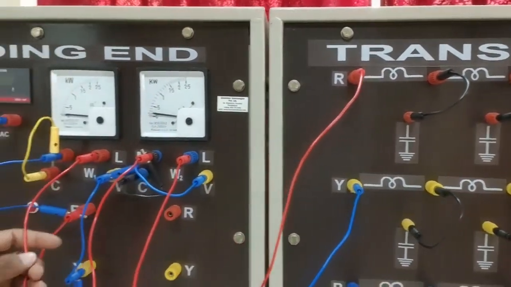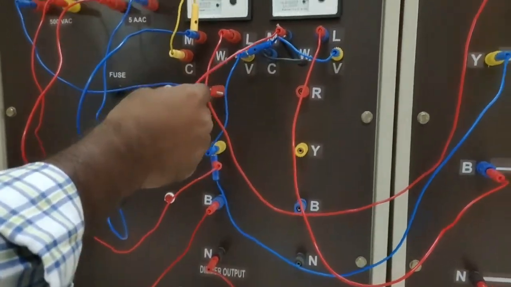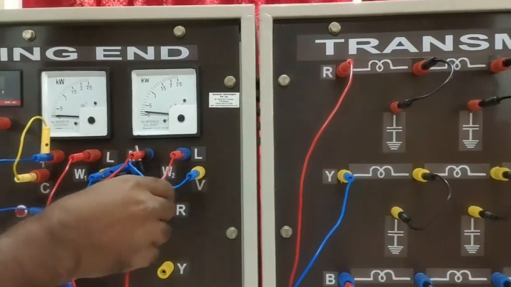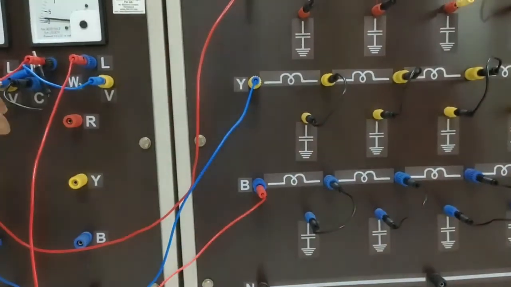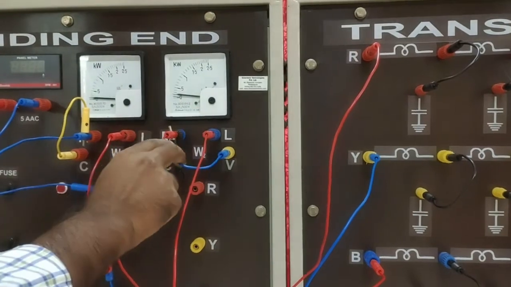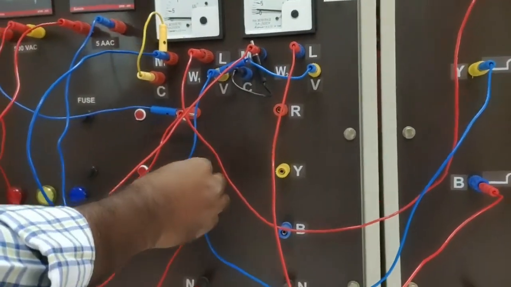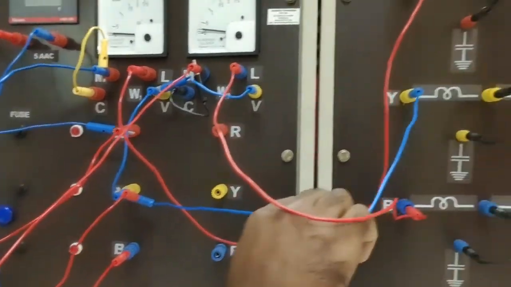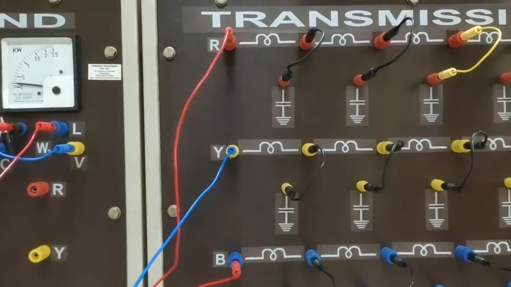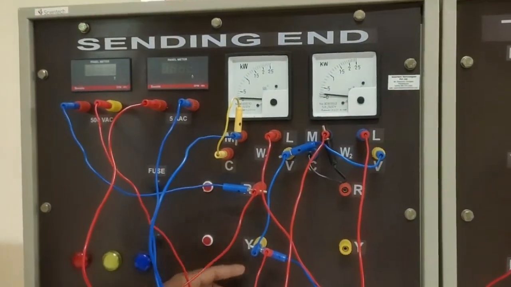One more wattmeter is connected from the B phase, B to M, MC shorted, and L to the B phase. The common of wattmeter 1 V and wattmeter 2 V is shorted, and from that we take the Y to the Y of the transmission line model. The voltmeter is across any two phases: R to Y, Y to B, or B to R.